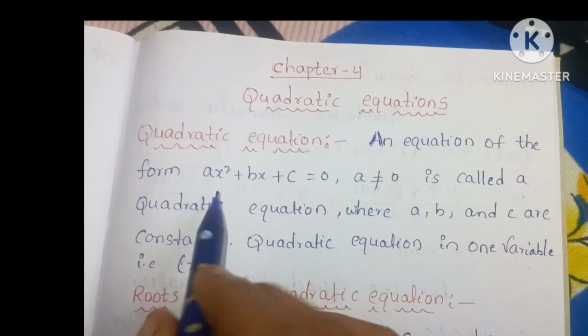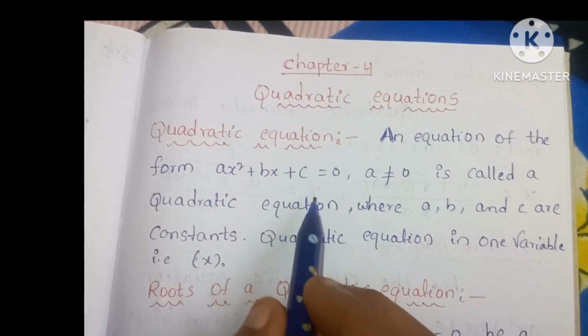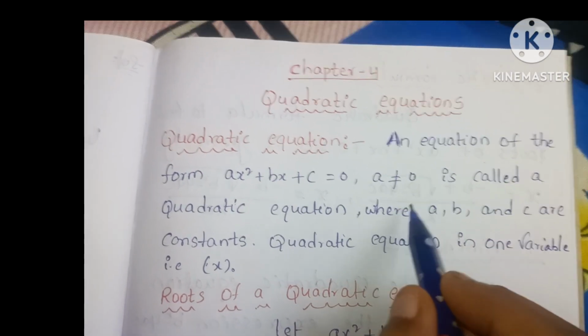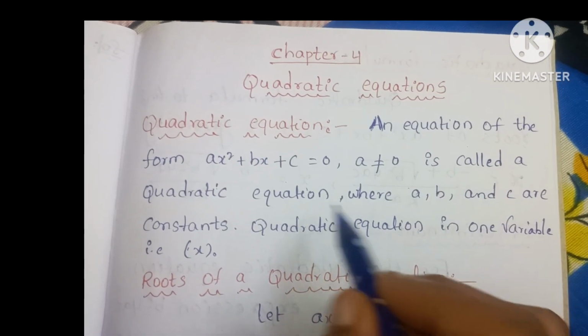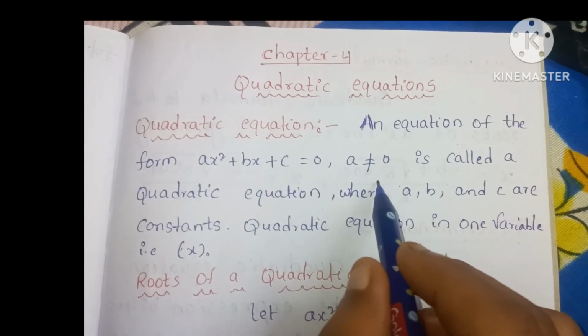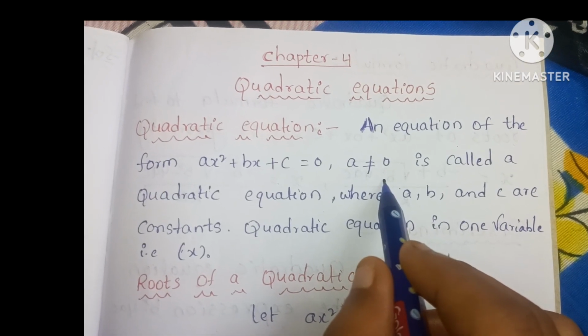An equation of the form ax square plus bx plus c equals 0 with a not equal to 0 is called a quadratic equation.